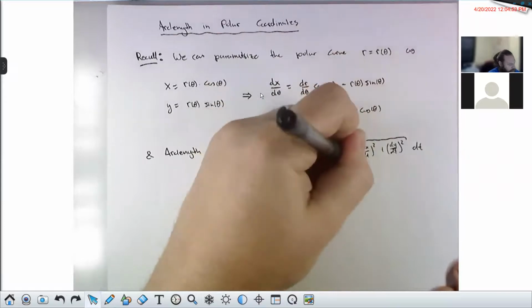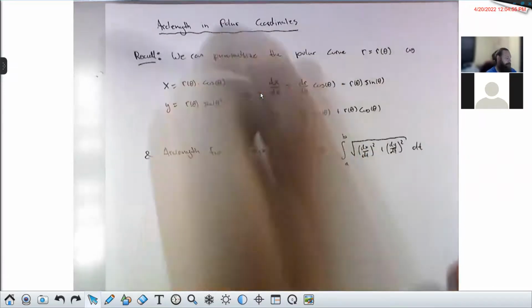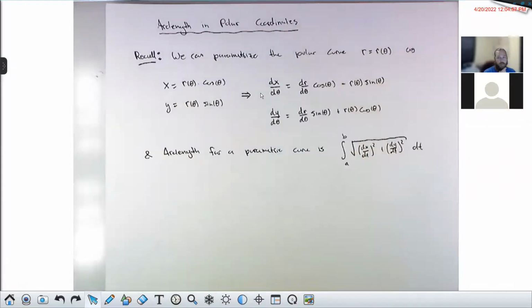And this is done from A to B. Well, these are parametrized, but with the parameter theta. Oh, nice. So the only difference is we're going to use the variable theta here instead of the variable t.